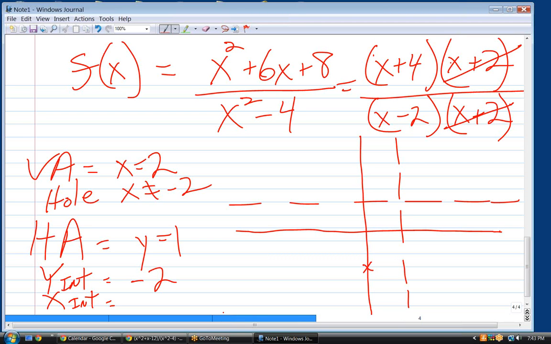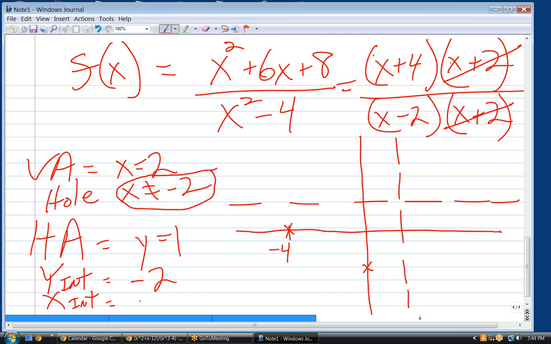And X-intercepts? It's a little tricky. What makes the numerator 0? Negative 4. That's the only one, and I'll explain why in a moment. So we have an x-intercept there. We don't have one at minus 2 because we've already stated that x can never be equal to minus 2. There's going to be a hole at minus 2 in this graph, and we'll draw it in after we graph it.